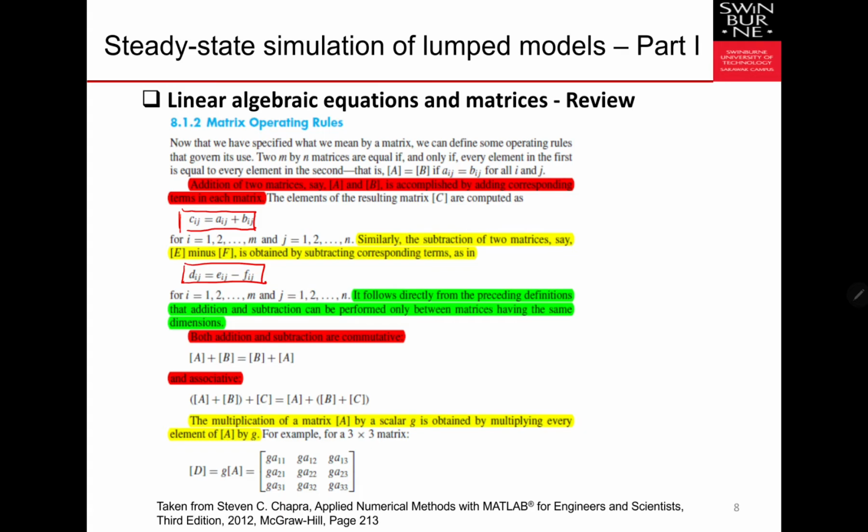Both addition and subtraction have a commutative nature and an associative nature as well. The multiplication of a matrix A by a scalar G is obtained by multiplying every element of A by G. This is represented by these expressions.